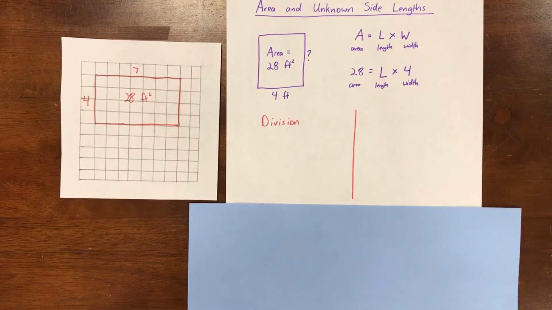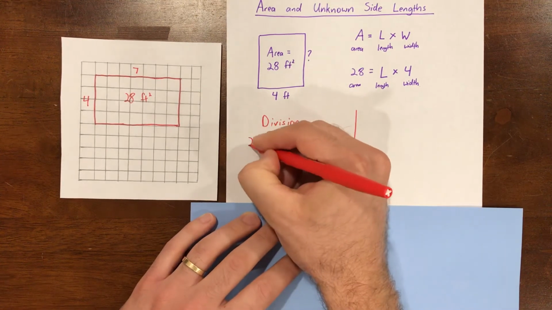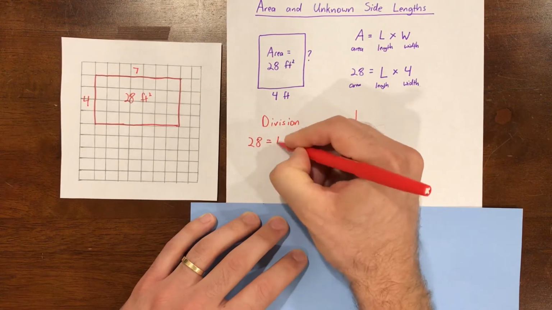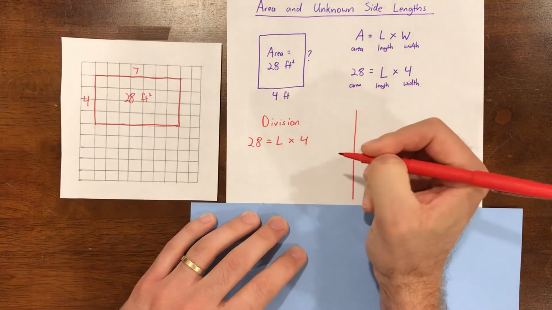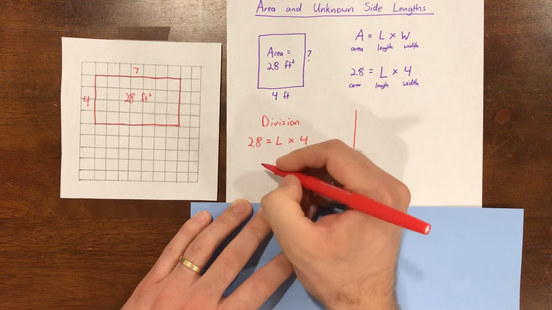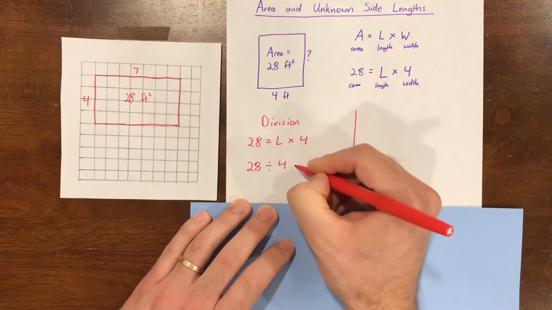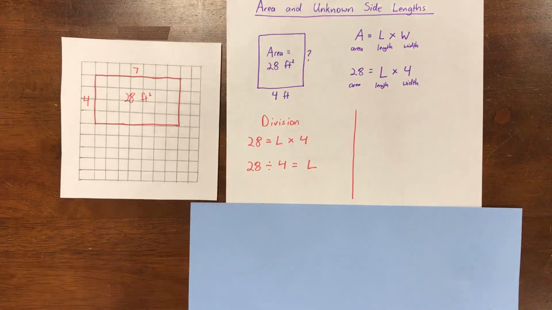So we could use division to solve multiplication problems with a missing factor. If the area is 28 and one side is 4, so area 28, right, we have length times 4, then we could divide 28 by 4 to find the missing side. We could take 28 divided by 4, and that would equal our length.